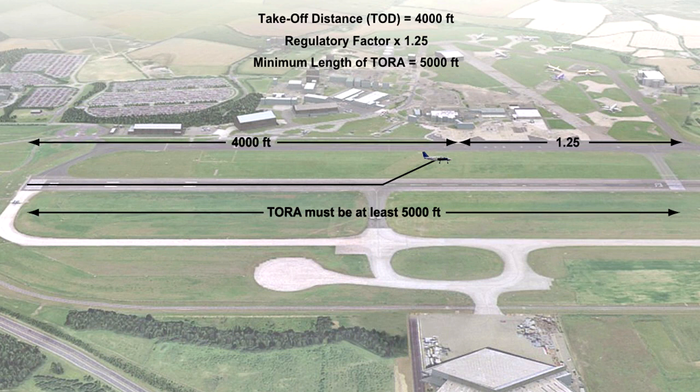The strict interpretation of this particular regulation is that although the actual takeoff distance is 4,000 feet, the authorities are suggesting that the worst case in a million would be a takeoff that is 5,000 feet. This fact helps us to see the difference between net and gross performance. Here, the gross performance for takeoff is 4,000 feet, but the net performance, which is always worse than the gross performance, is 5,000 feet.